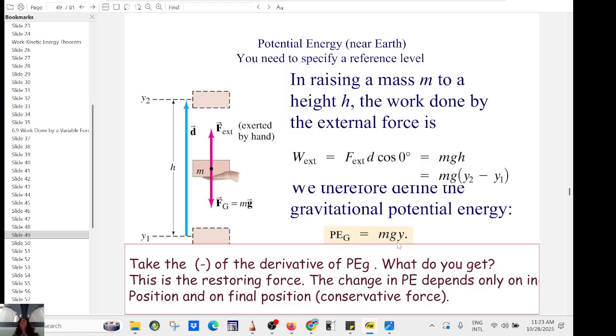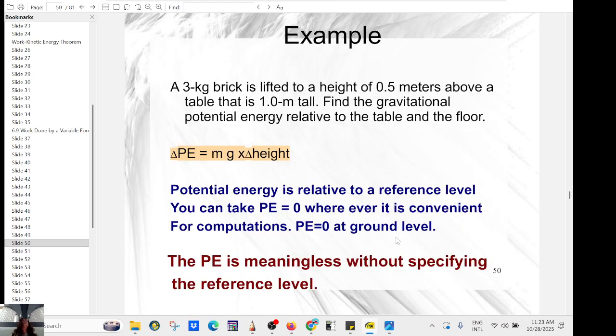So when you have potential energy, you take the derivative, you're going to get minus the restoring force because the weight is negative. The minus means that the restoring force wants to bring, if I let go, boom, to a lower level of energy. It's very important for chemistry. If you go to advanced chemistry, it's going to be very important to understand the potential energy of molecules.